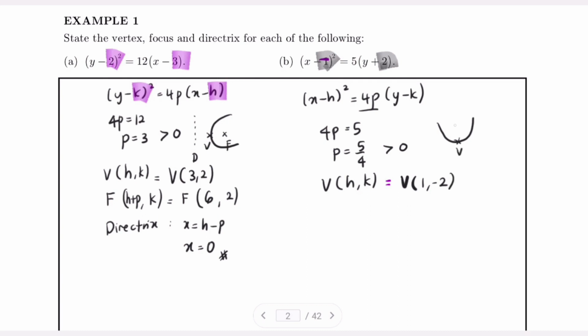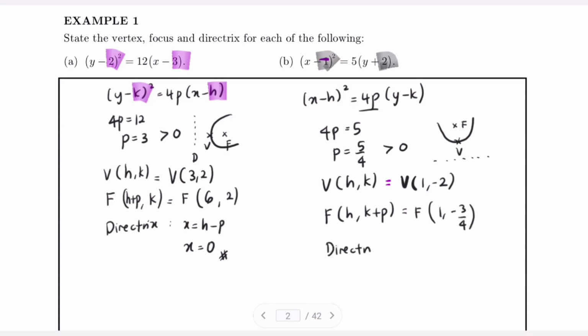Assuming this is our V and this is our F and this is the directrix, this time our h will remain the same. And we're going to add p to the k. So the focus will be 1, negative 2 plus 5 over 4, which is negative 3 over 4.